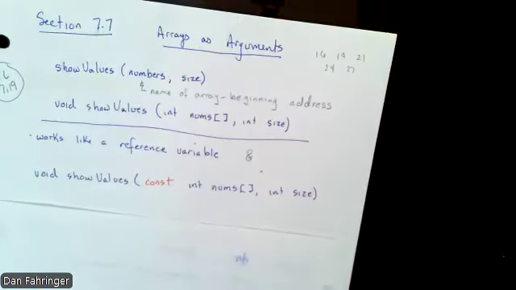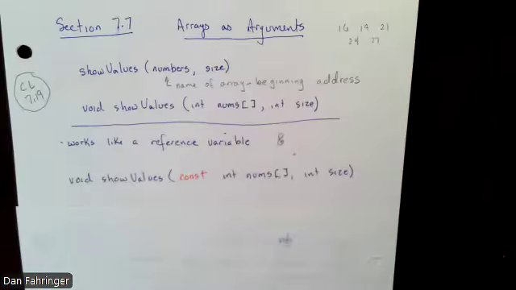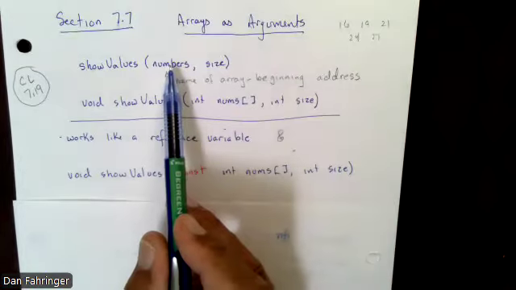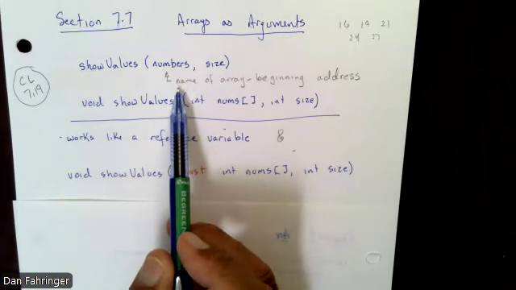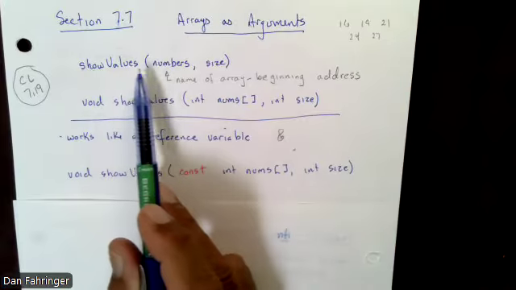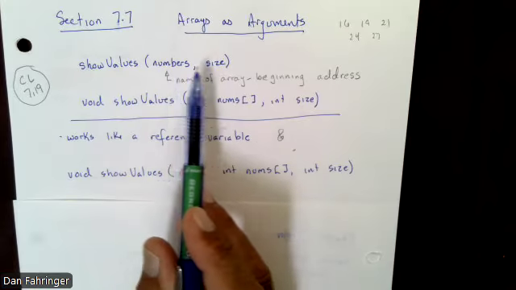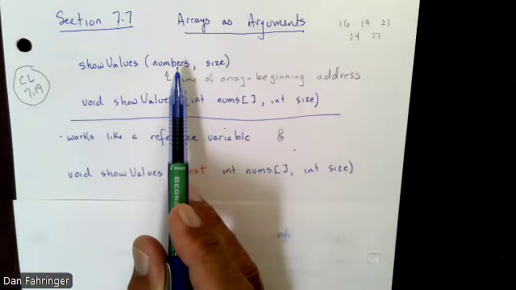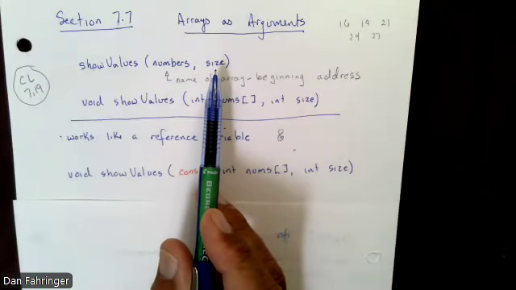What else do we have? We have arrays as arguments. When we're passing in the name of the array, a moment ago, I said, remember, it's the size of the array. Okay. Here I'm calling it with 2 arguments. One's an address, one's an integer.